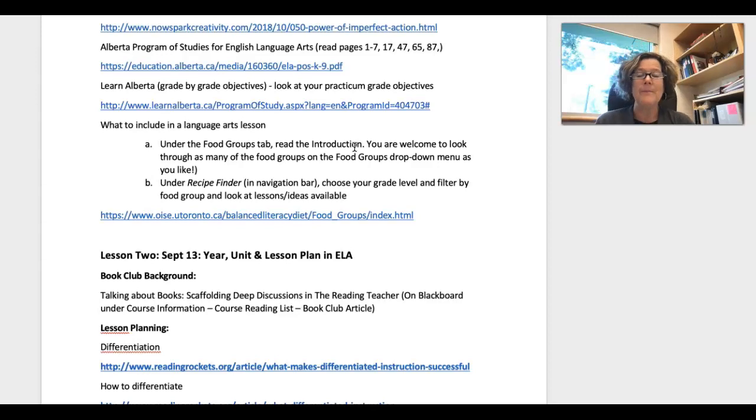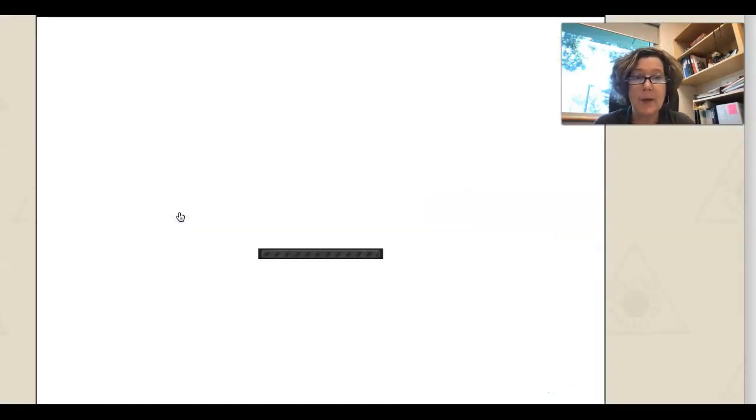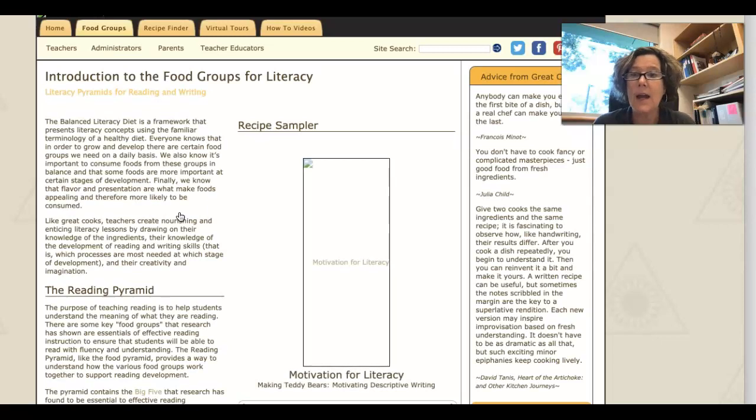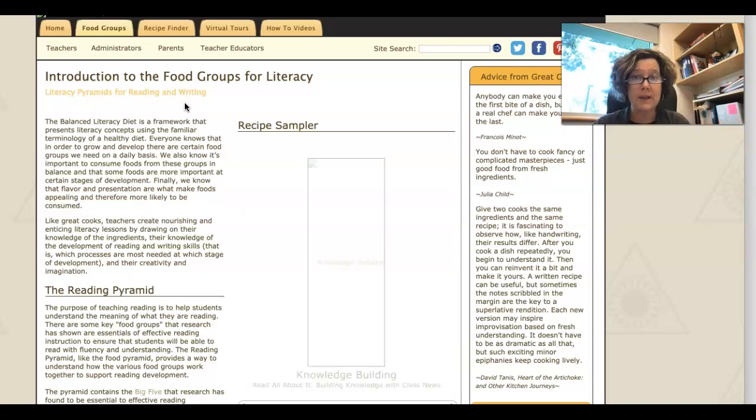This one, I want you to start to think about what to include in a language arts lesson, because you're probably like, I don't even know what to include. So if you go to the OISE, excuse me, I'll wait till it comes up here. This is the Balanced Literacy Diet, and it is created by OISE, which is part of University of Toronto. This is a great overall site, and there's lots to it.